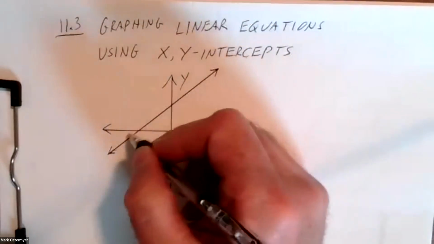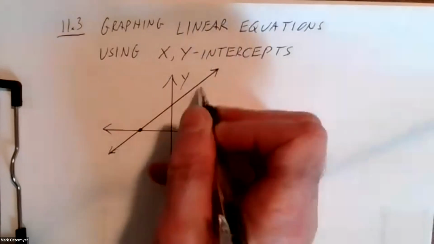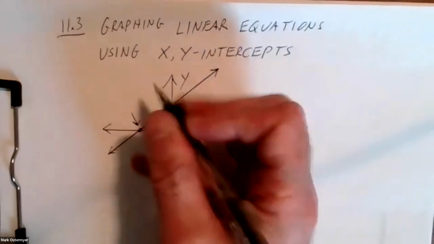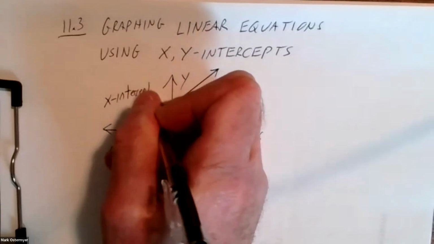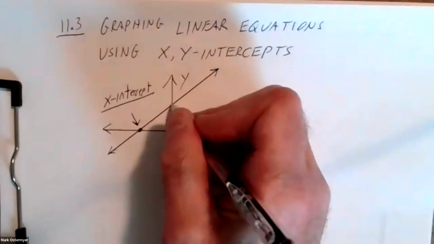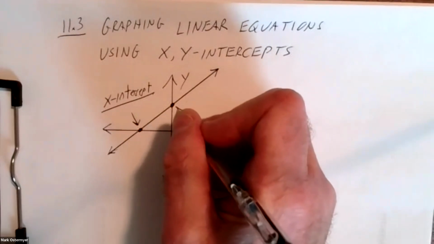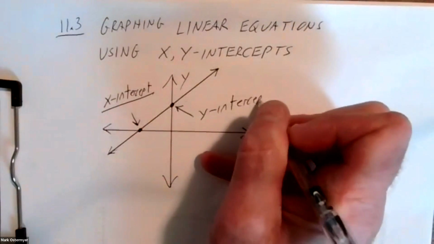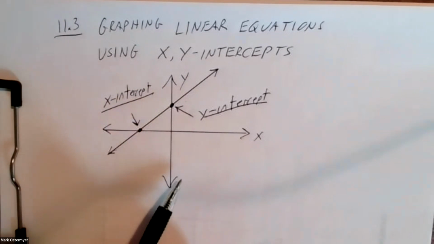Ladies and gentlemen, where this line intersects the x-axis, that point of intersection between the graph of the linear equation and the x-axis is called the x-intercept. The point of intersection between the graph and the y-axis is called the y-intercept. So that's what an x and y intercept is.